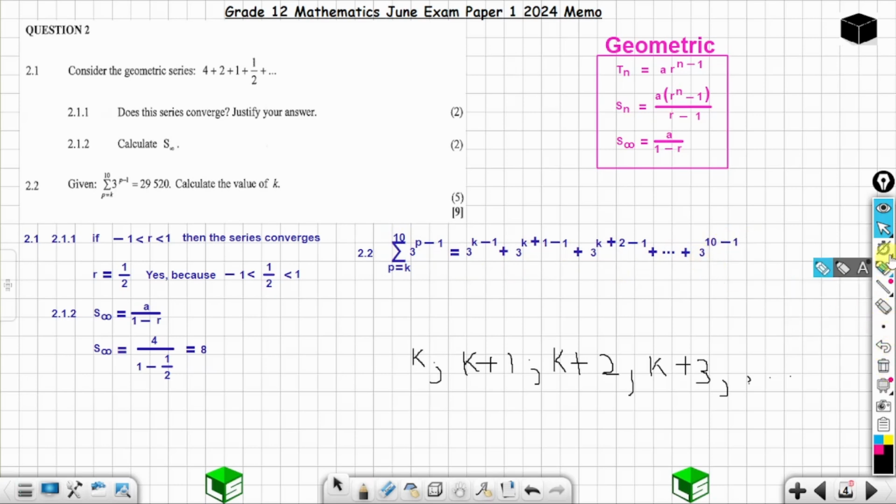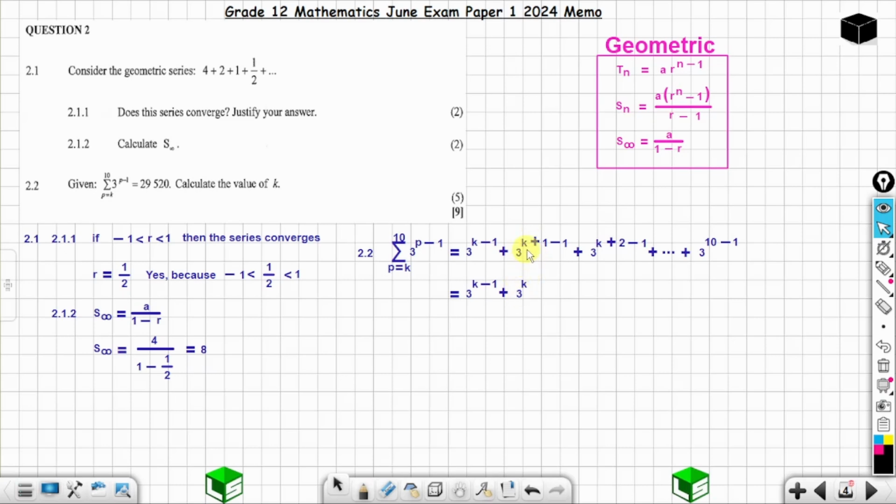Now this is equal to 3 to the power of k minus 1 plus 3 to the power of k. You have 1 minus 1, 0. You only have k.